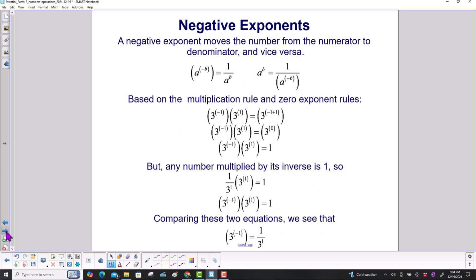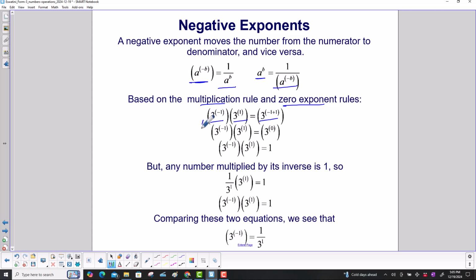A negative exponent moves the number from the numerator to the denominator, and vice versa. So, we have a to the negative b, that's equal to 1 over a to the b. And also, a to the b is equal to 1 over a to the minus b. So based on the multiplication rule and the 0 exponent rule, we have 3 to the negative 1 times 3 to the 1. We add those two, and we get 3 to the negative 1 plus 1.